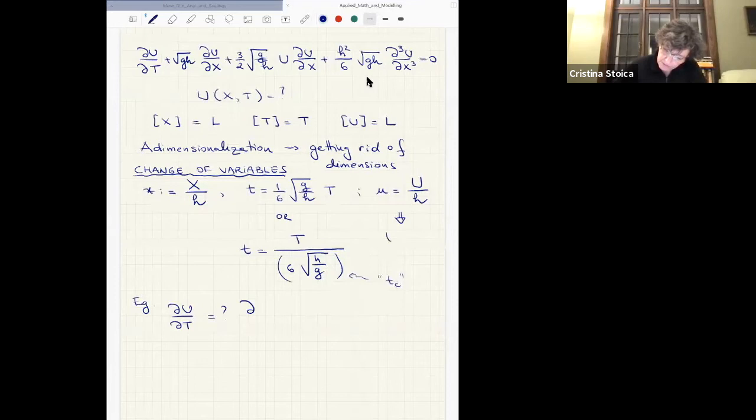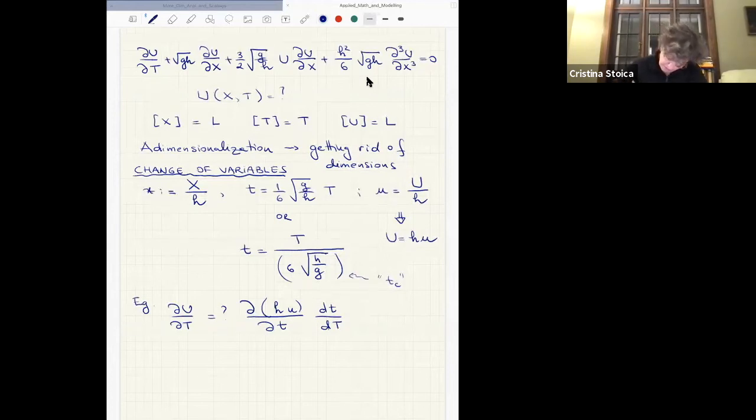U would be h little u. So it would be d of h little u with respect to dT. What is dt? By the chain rule, it should be d little t over d capital T. Now we're going to see what this is.